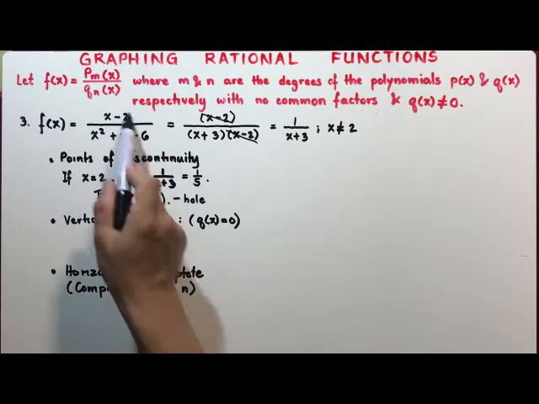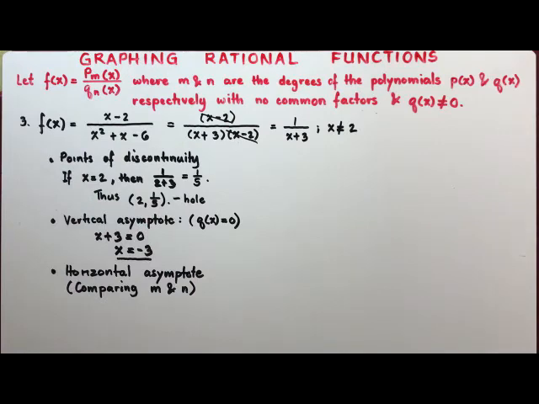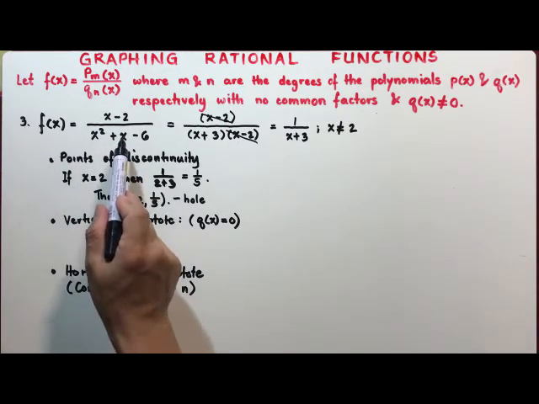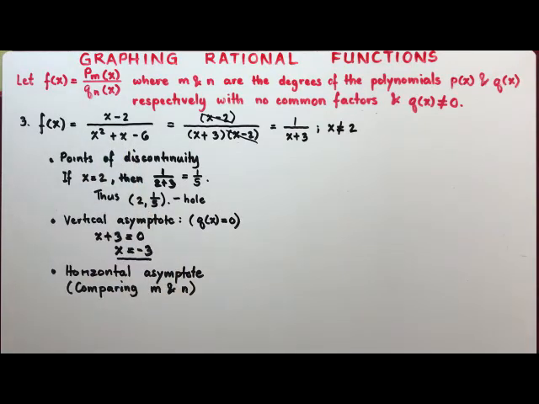So this is what we call a bottom-heavy function, because the degree of the denominator is greater than the degree of the numerator. Since the degree of the numerator is less than the degree of the denominator, our horizontal asymptote is the x-axis.